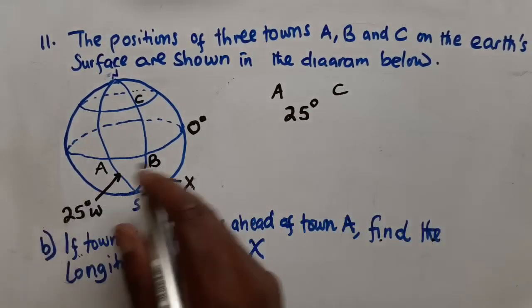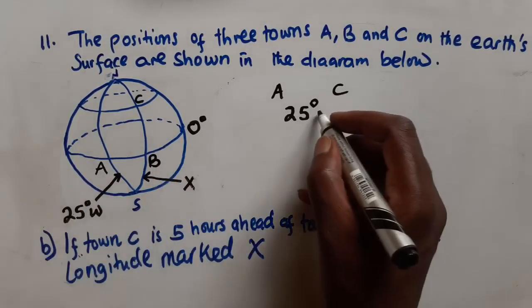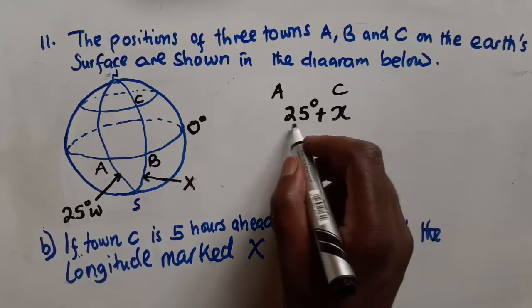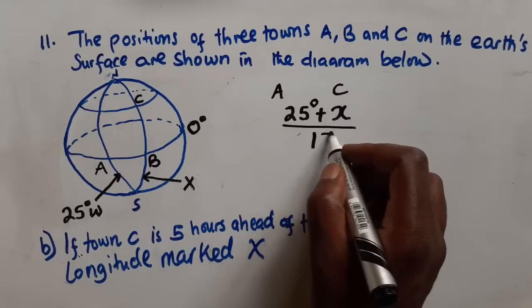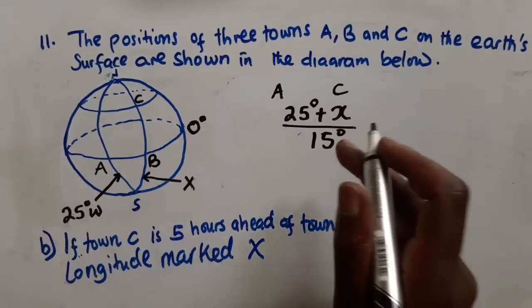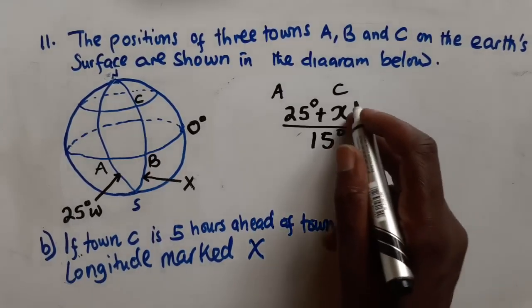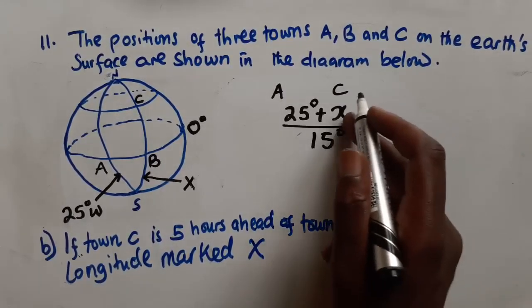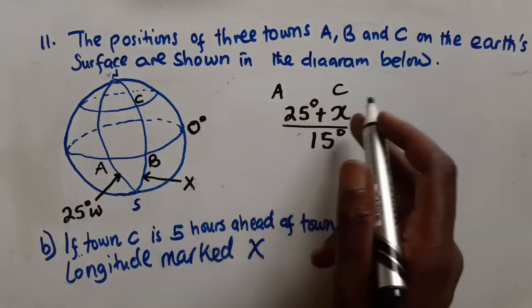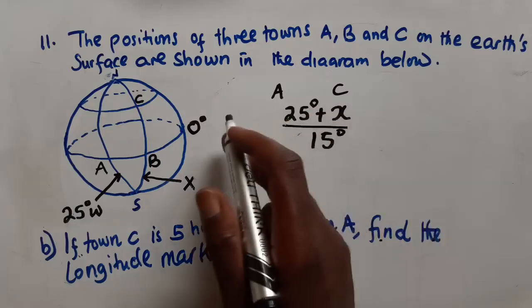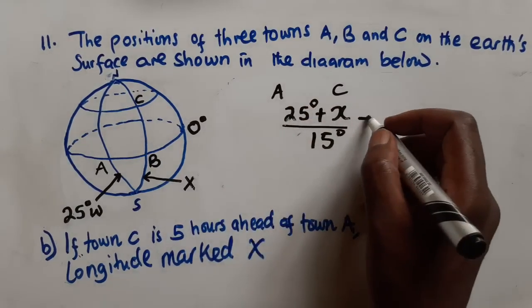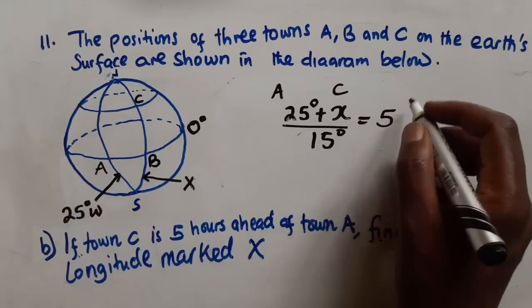So when these two places are on different sides, we add them. Then we divide this by 15 degrees because after 15 degrees, we get 1 hour. And we are told that the degrees from these two places divided by 15 should give 5 hours.